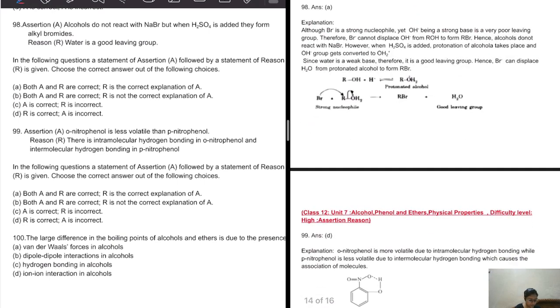Assertion says alcohols do not react with NaBr, but when H2SO4 is added, they form alkyl bromides. The reason given is that water is a good leaving group. See, again we have option A. Why? Because Br is a strong nucleophile, but OH is a strong base, not a good leaving group.